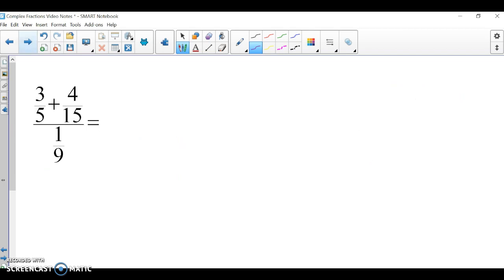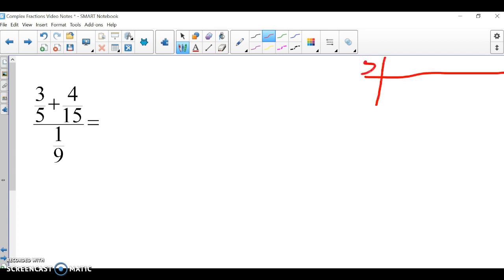In this example, we do have two fractions on top, so we must simplify our numerator. The first thing I recognize is that 5 and 15 are not the same denominator, so I cannot add them as is. If you don't know the common denominator of 5 and 15, one of the strategies you can use is to make a t-chart.